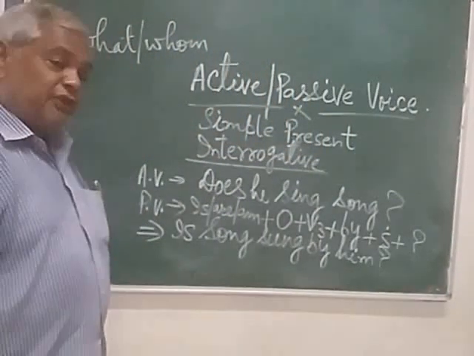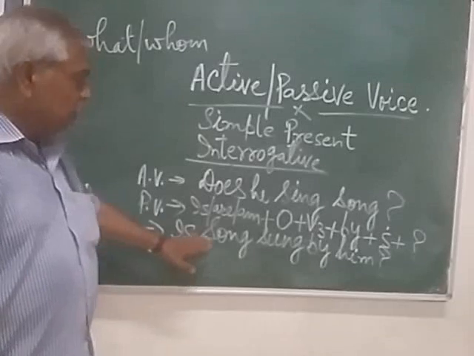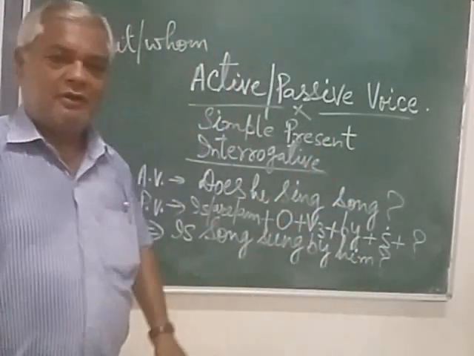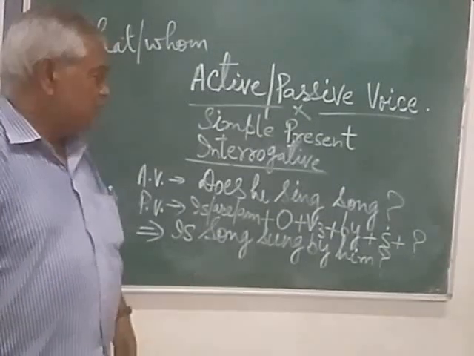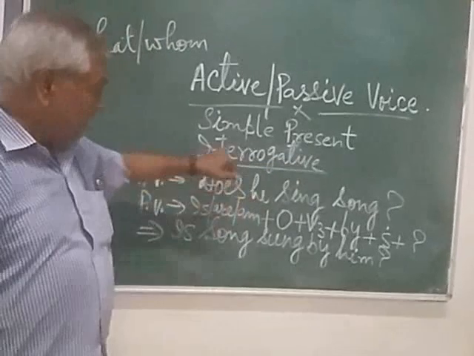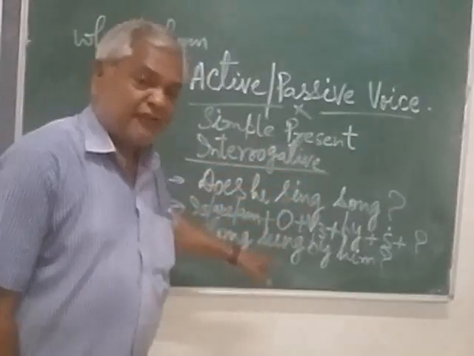So now the sentence is formed: is song sung by him? This will be the passive voice of an interrogative sentence in simple present tense.